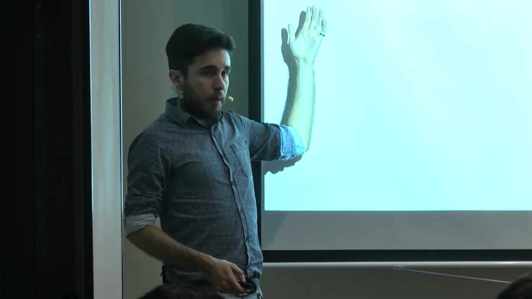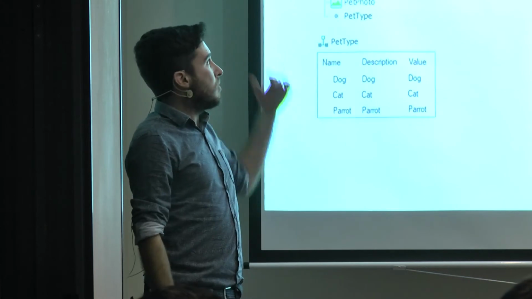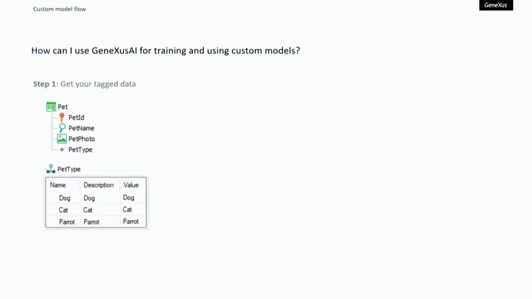Well, the first step, as we showed in the flow diagram, you have to tag data. Suppose you have a pet, and you have a name, a photo of the pet, and a type of pet. And that pet type is going to be numbered, a dog, a cat, or a parrot.